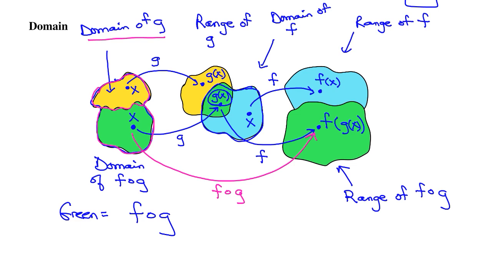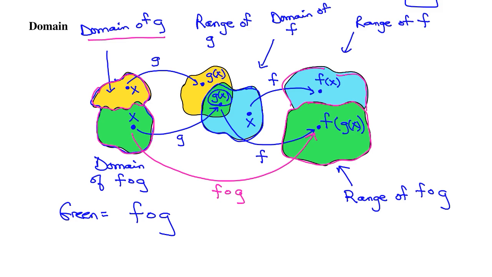And then, as that gets mapped from left to right using f composed with g, you notice that the range of the composition might be a little bit smaller than the range of f itself. So the entire right side is the range of f, but just the green part is the range of f composed with g.